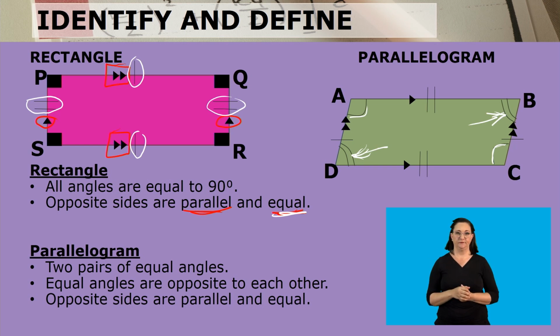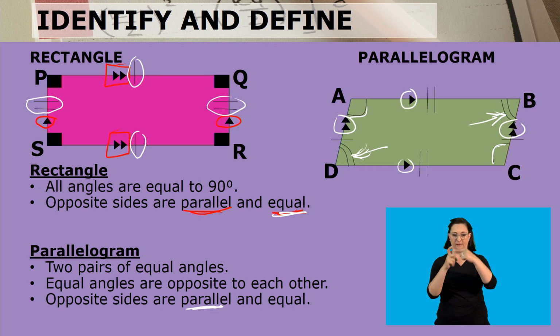And then opposite sides of a parallelogram are parallel and equal. Again, opposite sides are parallel, so we now know that AD is opposite BC, and similar marking means that they are parallel, as well as AB and CD. They also have a single arrowhead, which means they are also parallel.